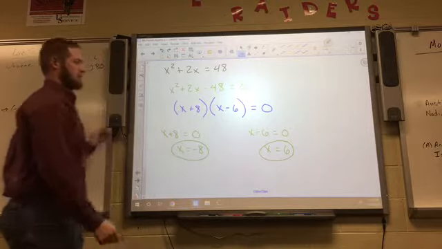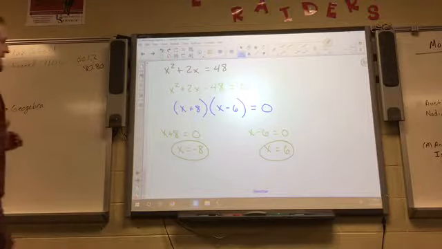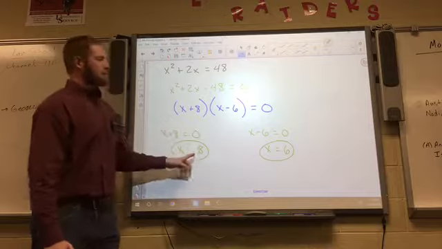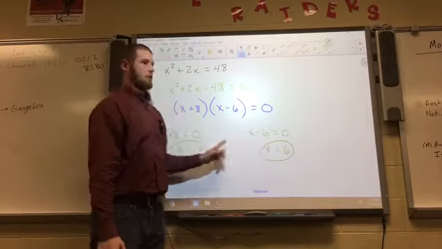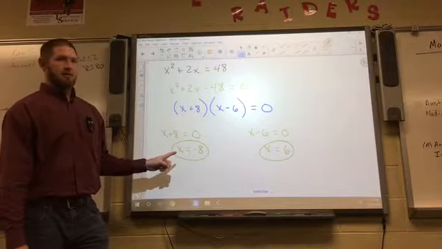Okay, I'll show you one here in a minute. It's not quite as easy, but you need to understand what you're doing here. You're taking each one of those, setting it equal to 0, and solving. So your two solutions to this quadratic are negative 8 and positive 6, meaning this is where it crosses the x-axis.